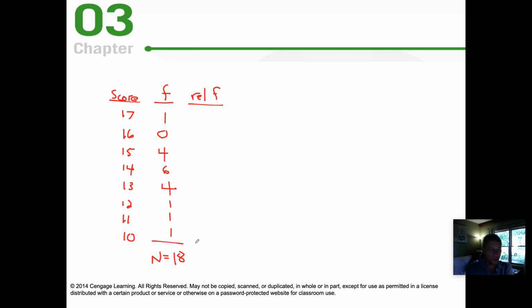So in this case, 1 divided by 18 is 0.06. 0 divided by 18 is 0. 4 divided by 18 is 0.22. 6 divided by 18 is 0.33.